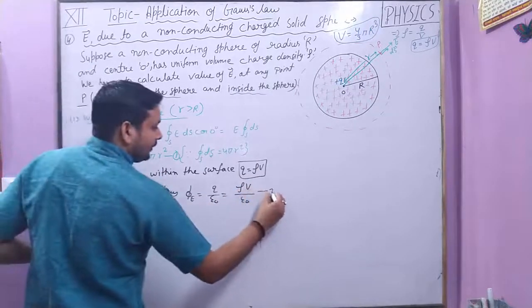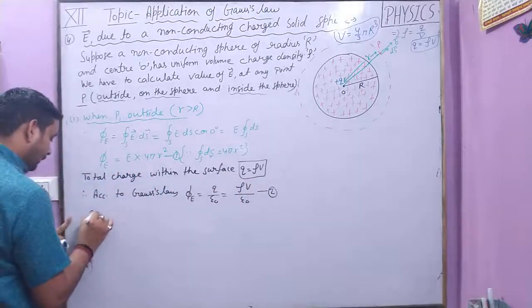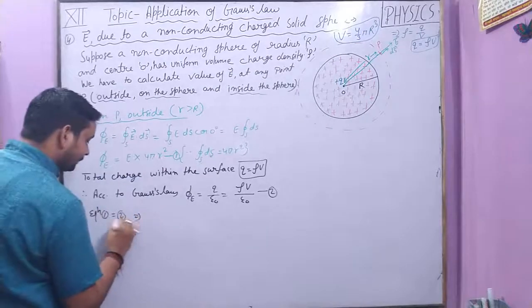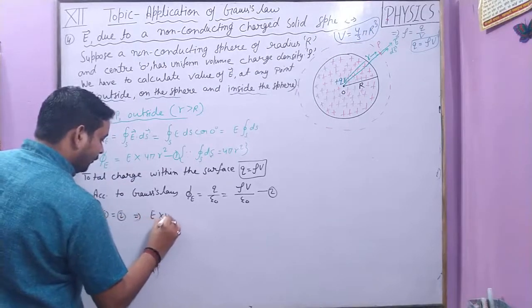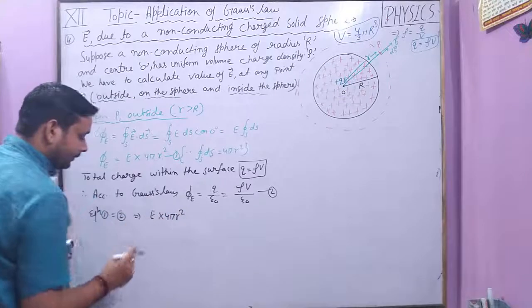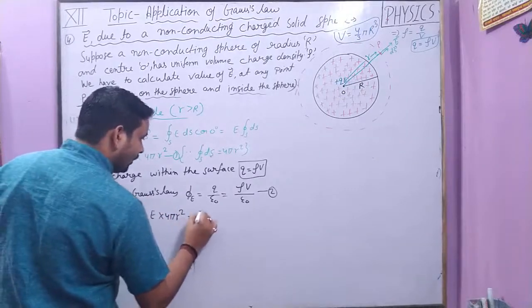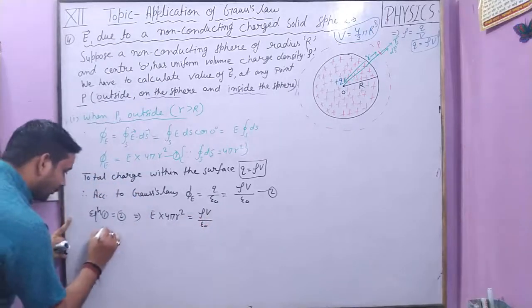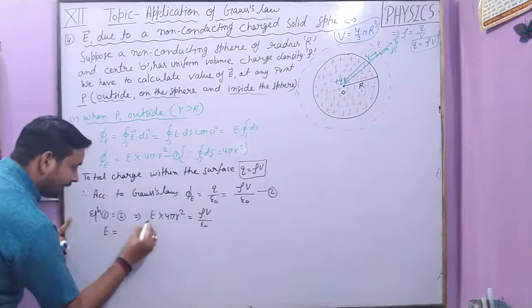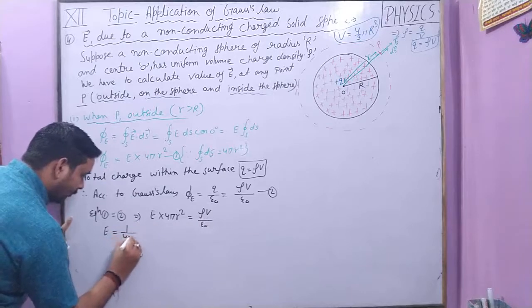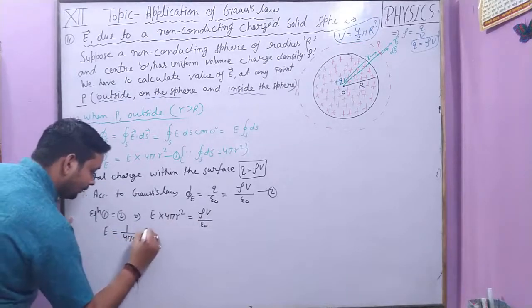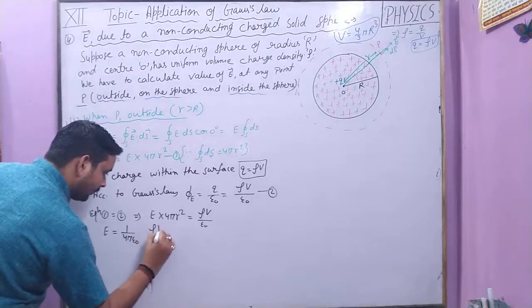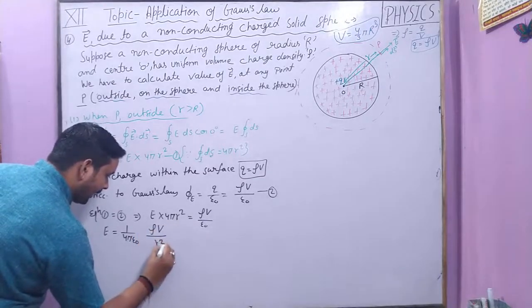This is your equation second. Now, on equating equation 1 and second, we get E into 4 pi r square is equal to rho v upon epsilon naught. So we calculate from here that the result is 1 upon 4 pi epsilon naught and rho v upon r square.